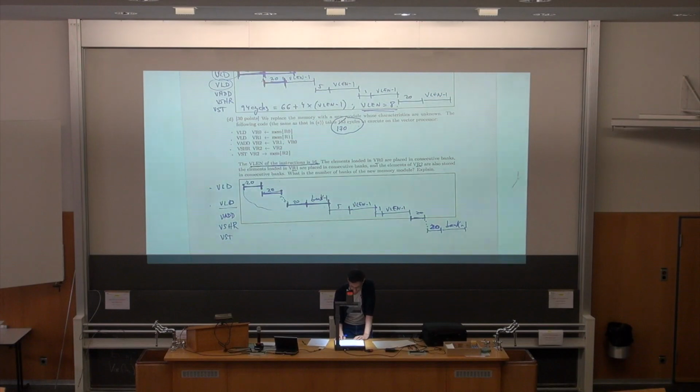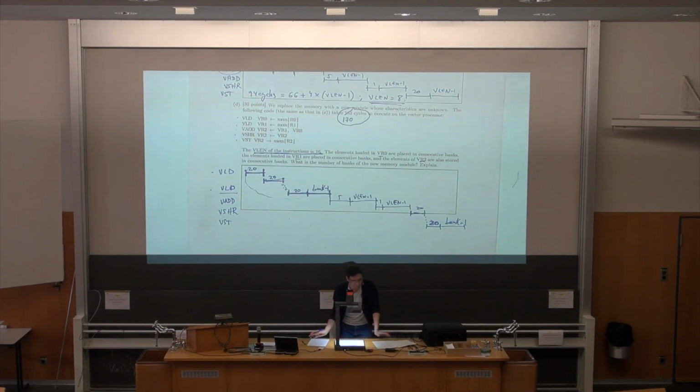Yes? Sure. The hint would have been that the access latency to the memory is larger than the number of banks for this exercise. So it can fully pipeline memory because the access latency is larger than the number of banks, also in the previous part. Mm-hmm. Yeah.